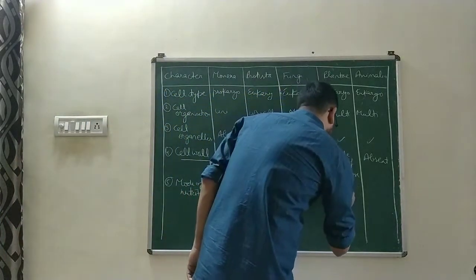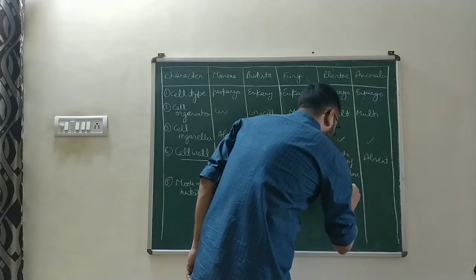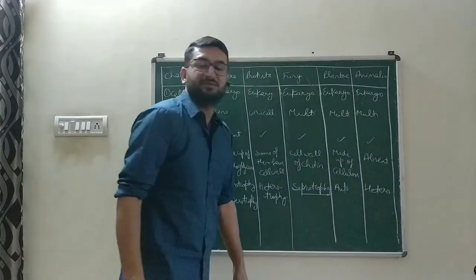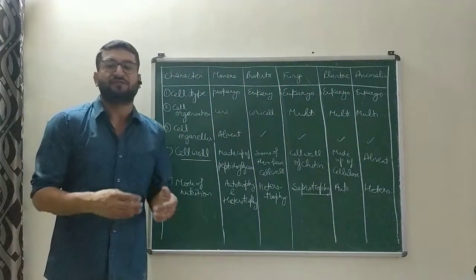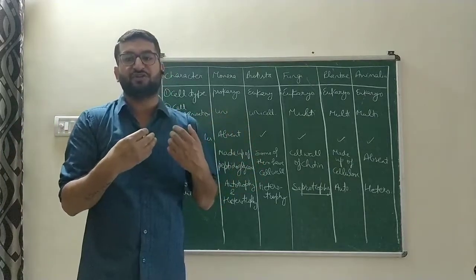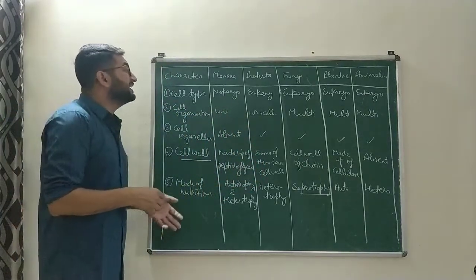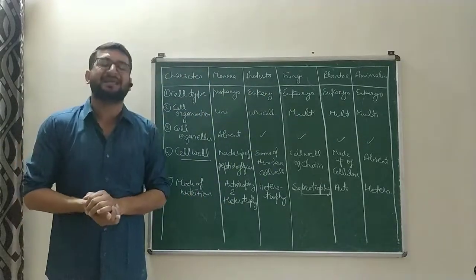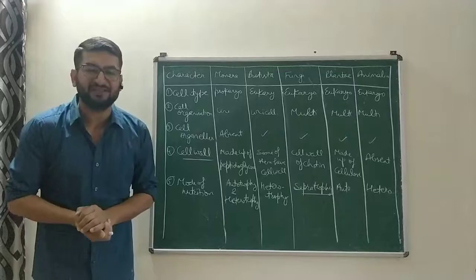Next, Plantae, they show autotrophy, and the Animalia shows heterotrophy. Animals cannot synthesize their own food, for that they depend on the other organisms for their nutritional requirements. So these are the characters on which we differentiate these 5 kingdoms.